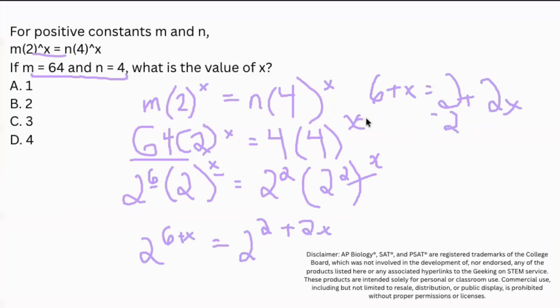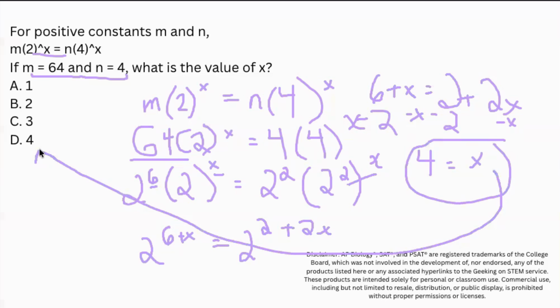Subtract 2 from both sides. That is 4 equals, remember that's plus x, I'm going to subtract x on both sides. And 2x minus x is just x, so 4 equals x. So the correct answer is D.